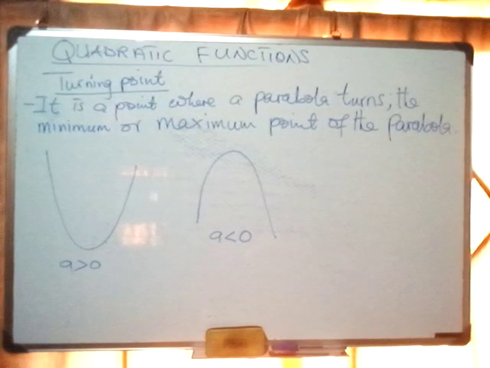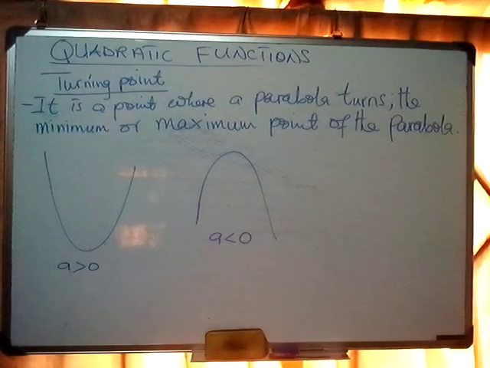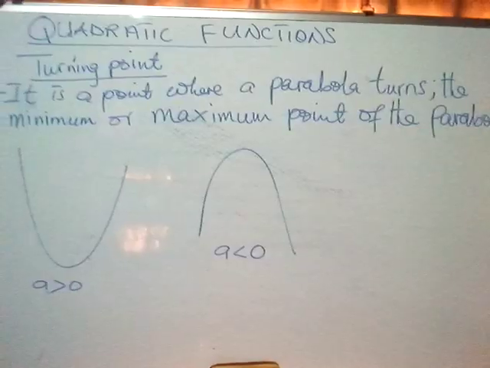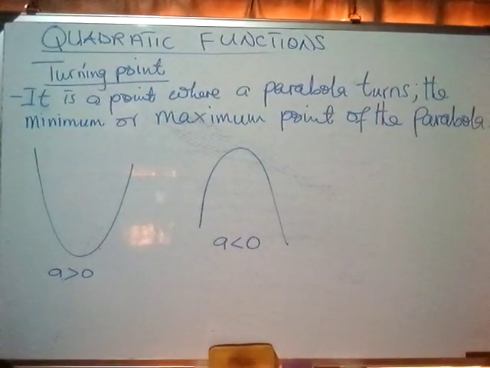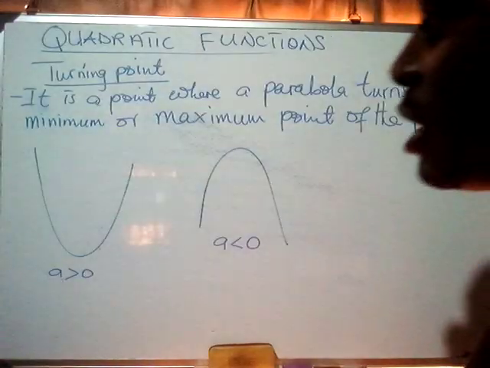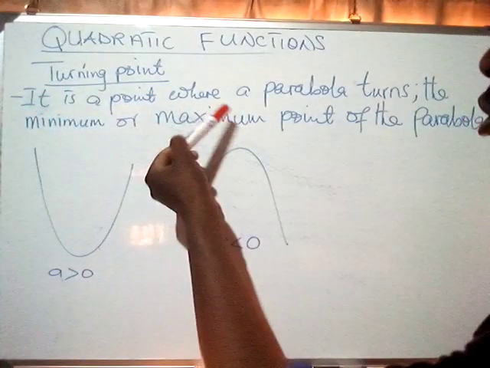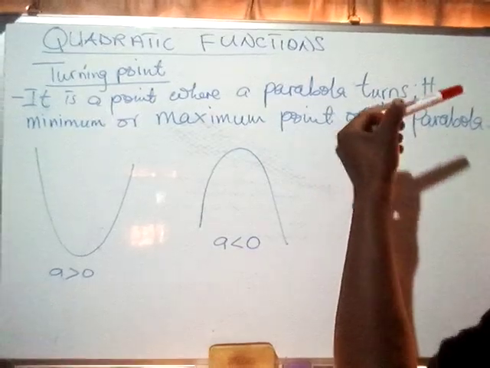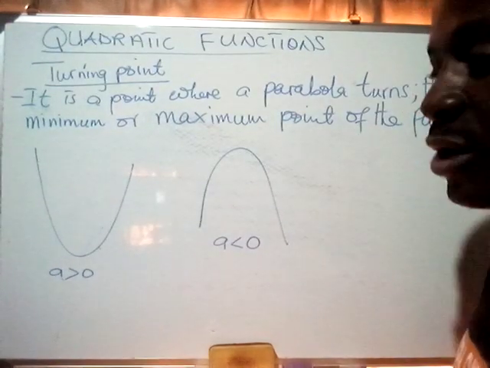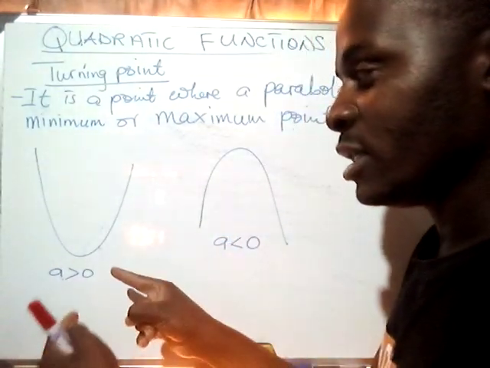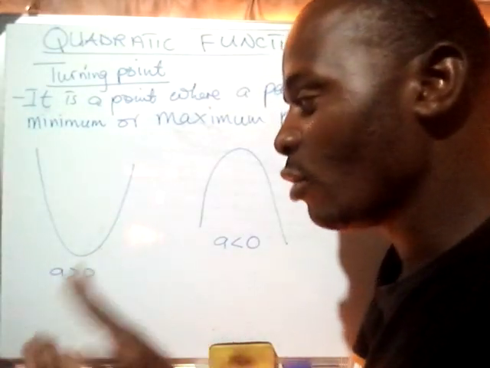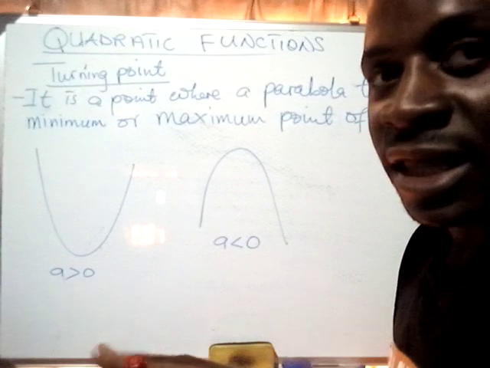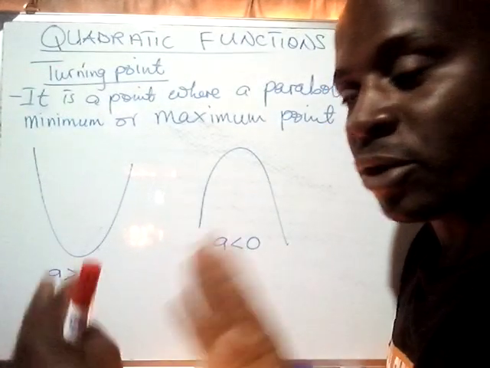We go to the next point, where we are looking at the meaning of the turning point. The turning point is a point where a parabola turns. Remember, a parabola can be like this when the value of a is greater than 0, meaning positive.